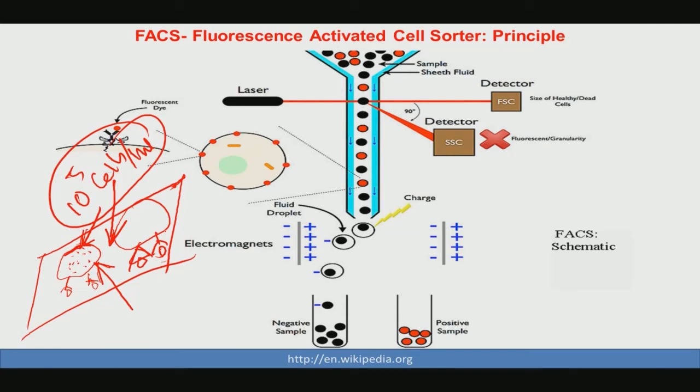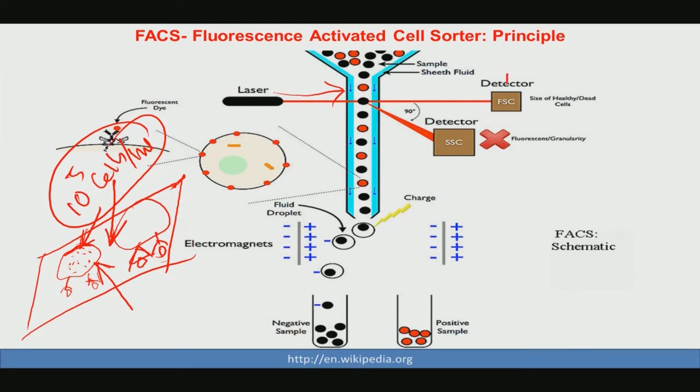That kind of precise quantification is possible using the fluorescence activated cell sorter, where a cell suspension is made to flow through a tube, and a laser will focus on this cell suspension as it goes through the tube.